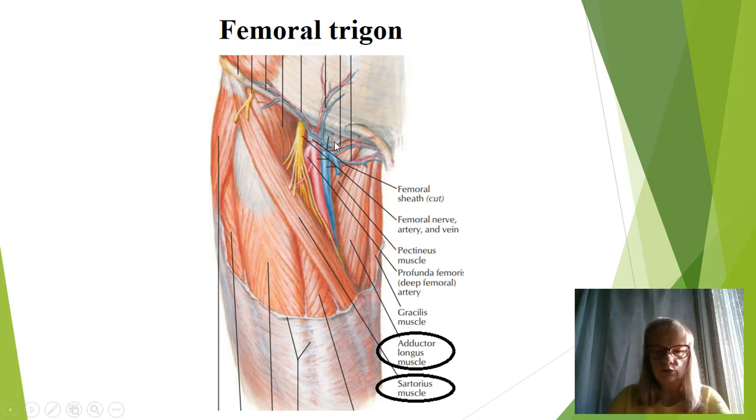The trigone includes the neurovascular bundle from lacuna musculorum and lacuna vasorum, three femoral structures: the femoral nerve laterally, the femoral artery in the median position, and the femoral vein. The bundle is located in the femoral trigone between sartorius, adductor longus, and inguinal ligament.